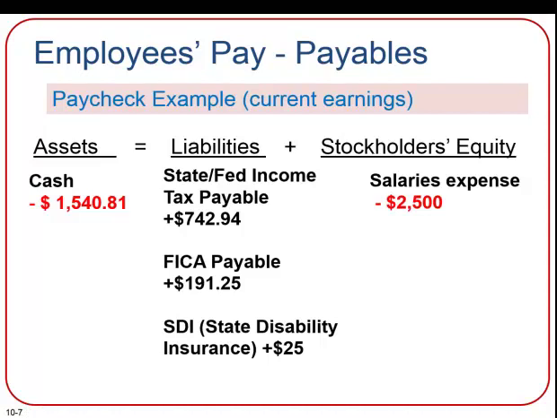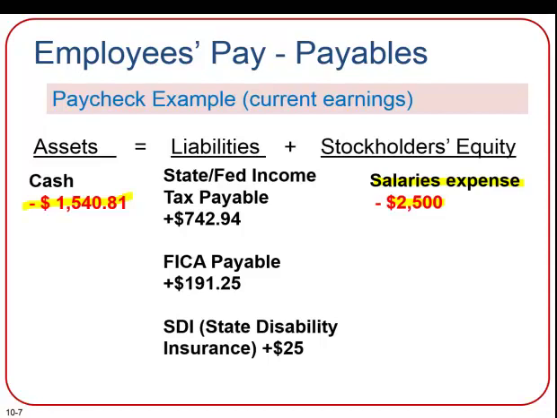So this is the effect of the earnings statement we just looked at. The gross earnings from the employee is the total amount that went into the salaries expense. So this is what the company is going to book. They're going to show that there was a salaries expense for the total gross earnings of that employee, and all employees. The net pay is what cash is coming out the door that day. So when the employer cuts the check to the employee, the asset cash is going to go down.